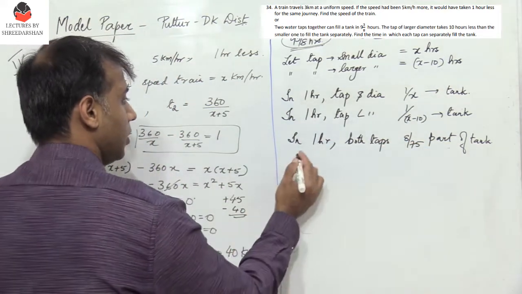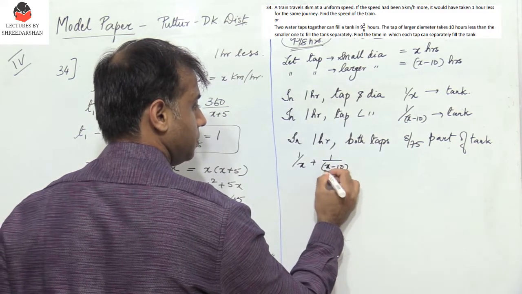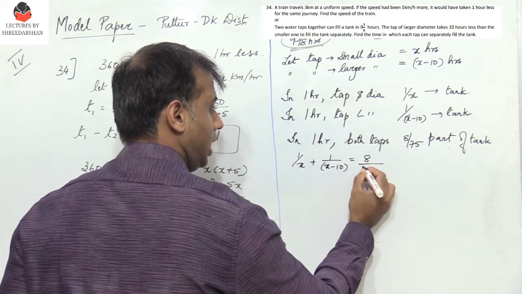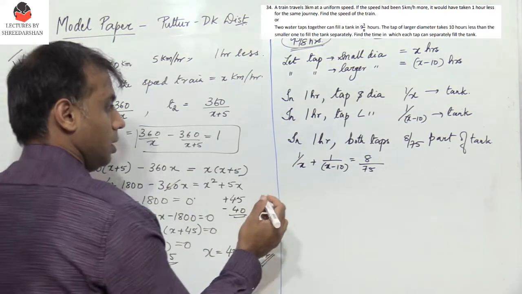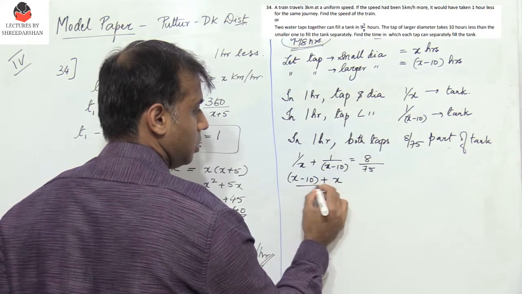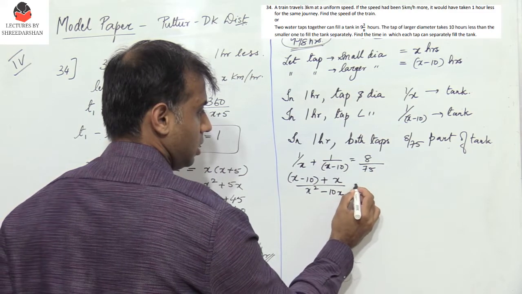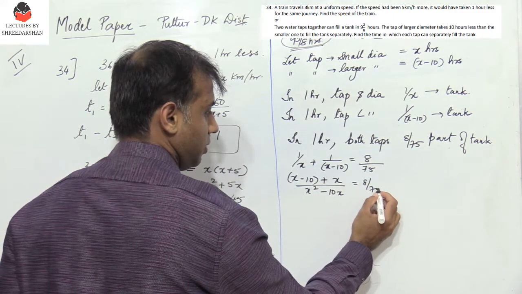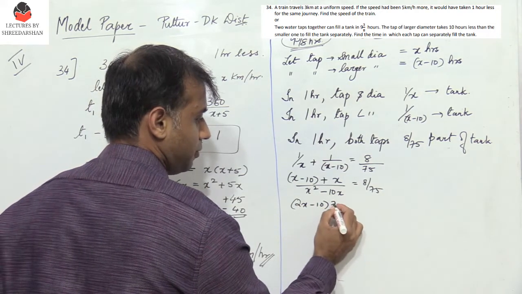So now I have 1 by x plus 1 by x minus 10 equals 8 by 75. So I need to find the value of x. So we have x minus 10 plus x divided by, take the LCM here, x square minus 10x equals 8 by 75. So you have 2x minus 10 into 75.